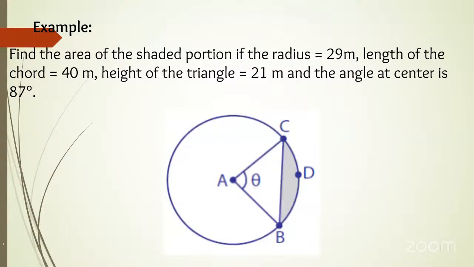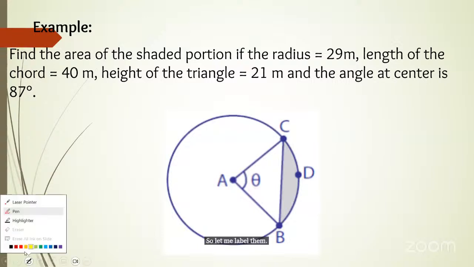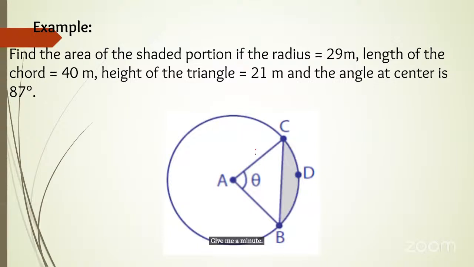So let me label them. Give me a minute. So this would be A, this would be B, and this would be C. What is the length of B? 29 meters. Why 29? Because it's a radius.